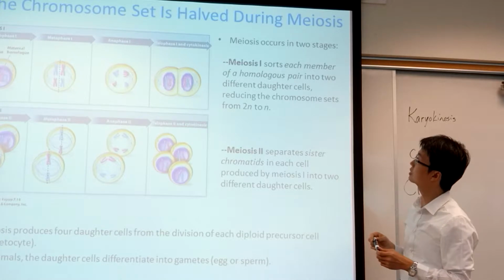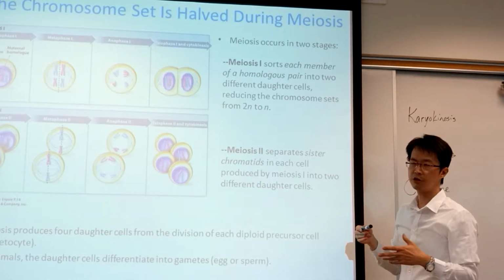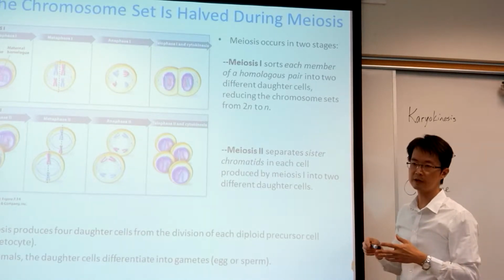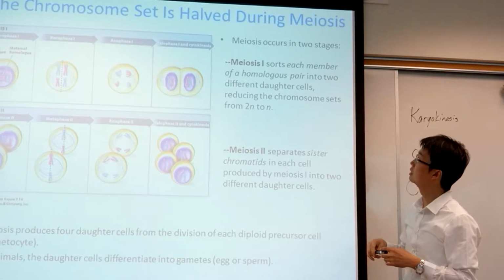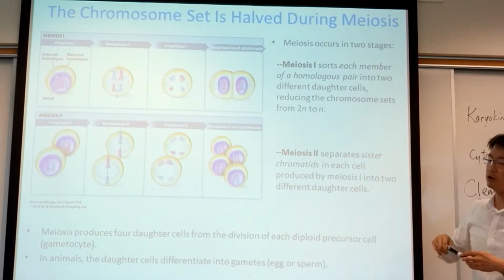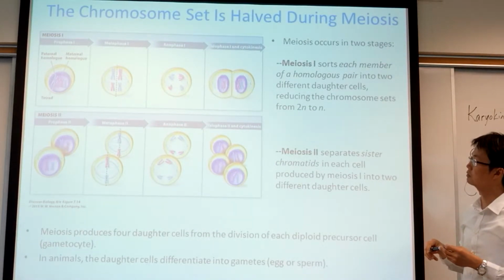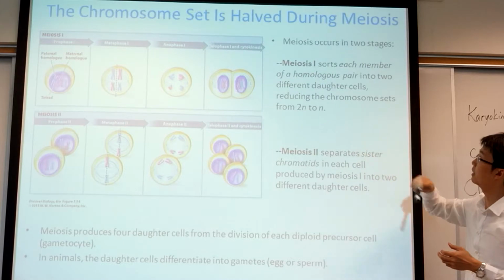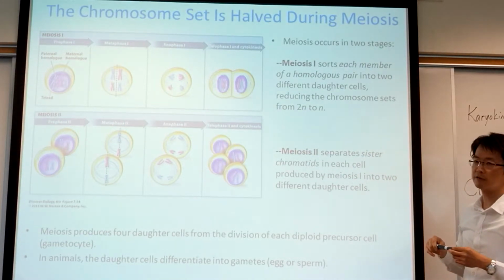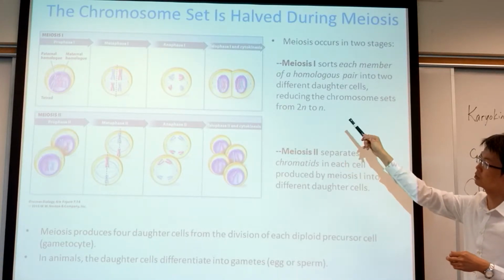There are at least three significant points about meiosis 1. The first one is this one. In meiosis 1, the chromosomes reduce from 2N to 1N, from two N to one N. This is very important. And another important point is that one cell becomes two cells.